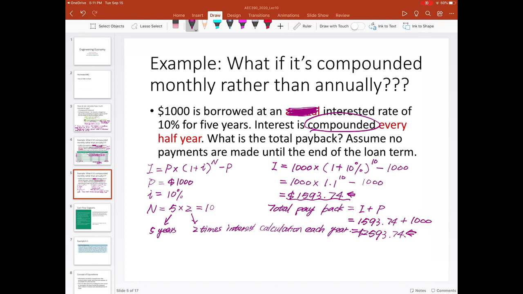Okay? So I hope by now you can understand why n, the number of interest periods, is a little bit tricky, and how you determine the correct value of it. That's very important, okay?